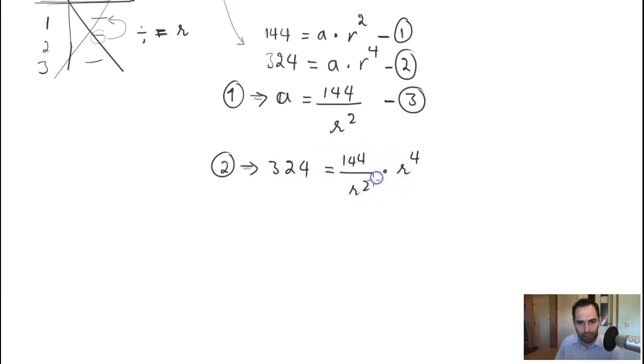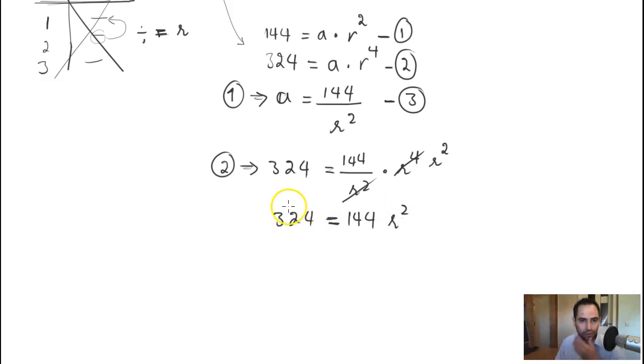So I can simply cancel this r squared with r raised to the power 4, and what remains is only an r squared. And so 324 is equal to 144 r squared.